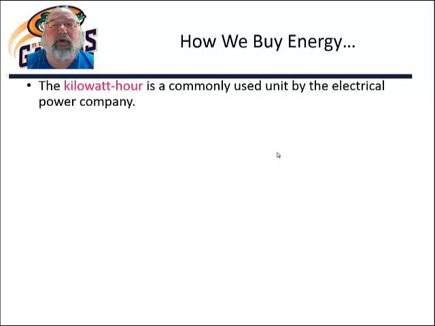So your power company, and that's really kind of a misnamed company, it should be the energy company, but we call it the power company, and they charge us for how many kilowatt hours we consume. Now, a kilowatt is 1,000 watts of power, and if it's a kilowatt hour, it's 1,000 watts of power used for 1 hour.